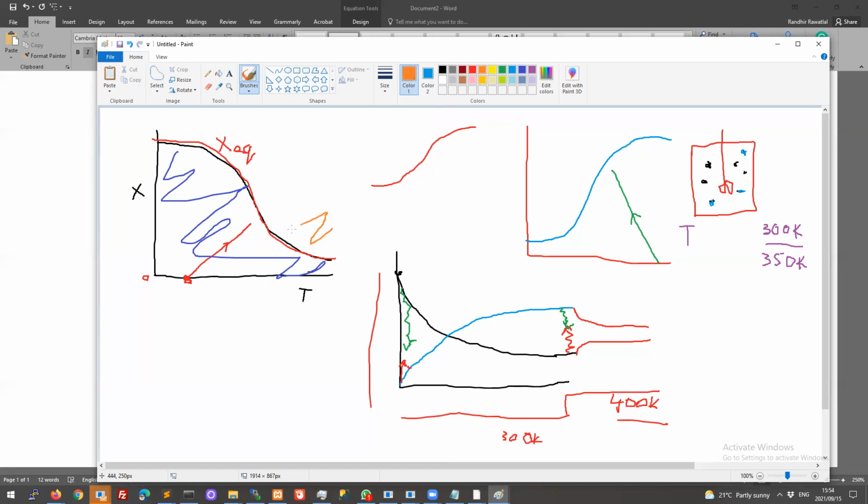Above the line, we have component A being produced. So this region is not so interesting to us because we don't want to produce component A. We want to produce component B, that's the product. So we don't want to operate up here. Down here, we are producing valuable products, so that's where we want to be. So we have started down here, and now we've said that we are moving up along this line.